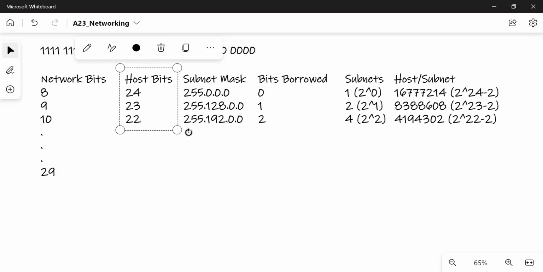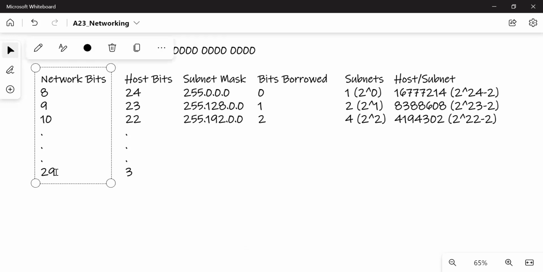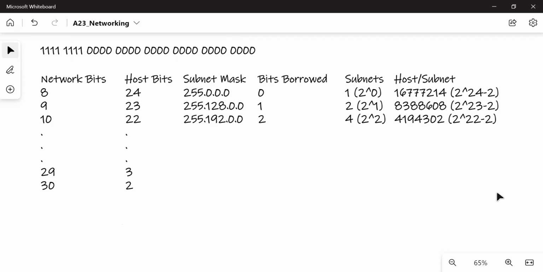That means the number of host bits will be reduced to the remaining 3. Can you fill the rest? Let's say this is 30, and let's say this is 2. Can you fill the last 2 rows?